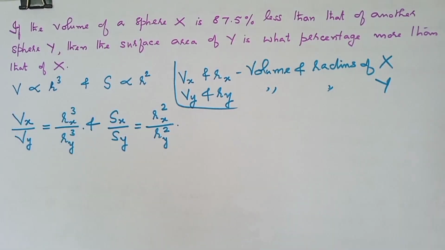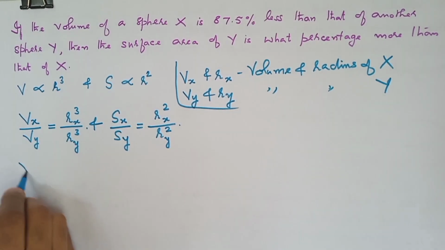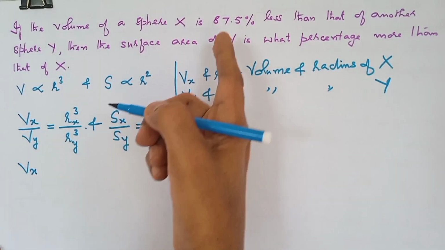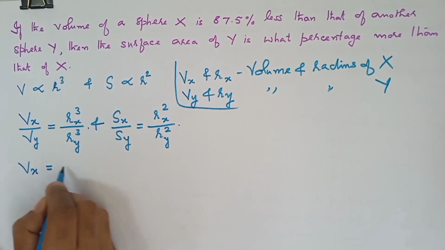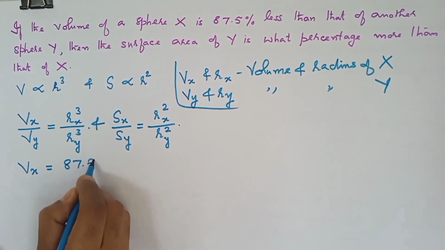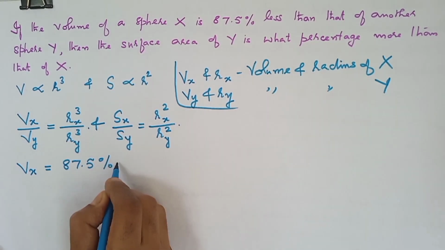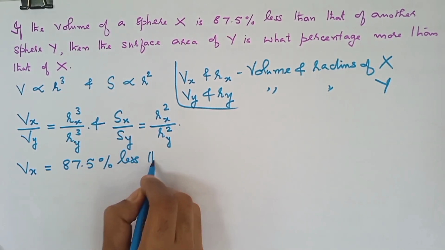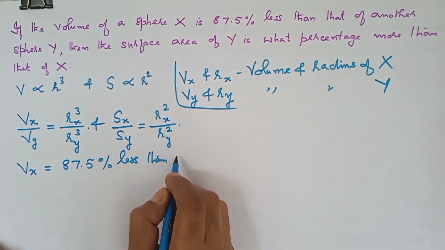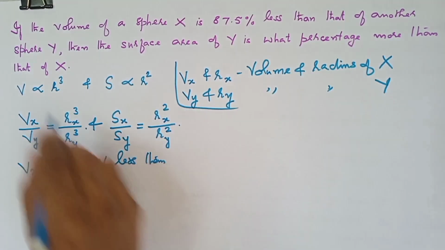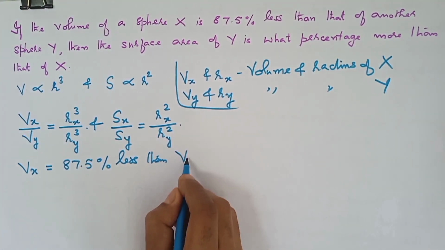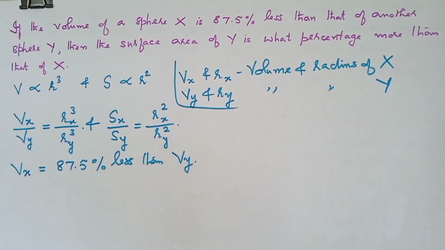Now come to the problem. The volume of sphere X, which is Vx, is 87.5% less than that of another sphere Y, which is Vy. This is what's given in the data.